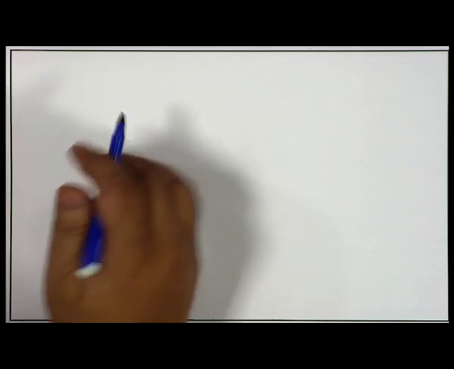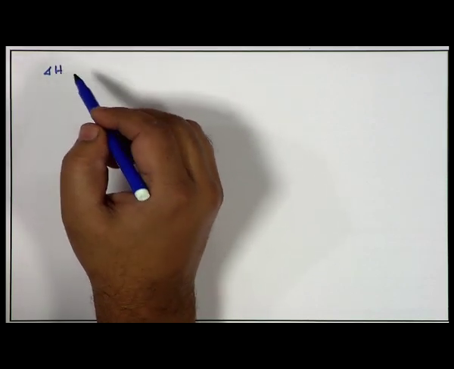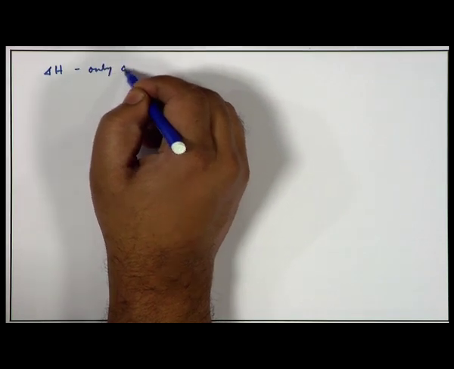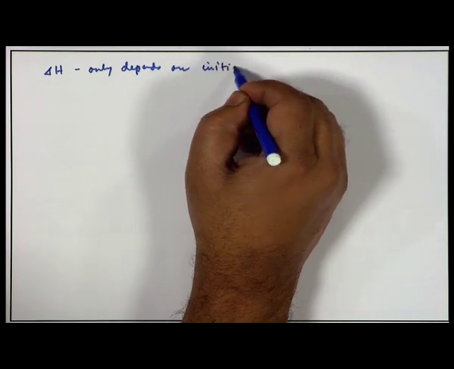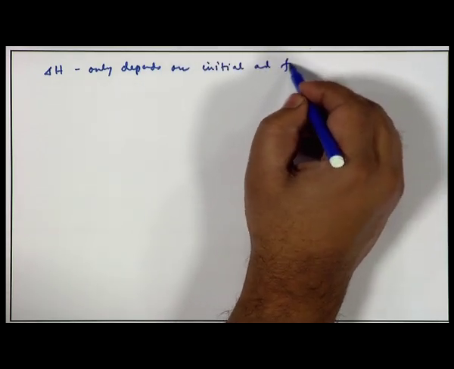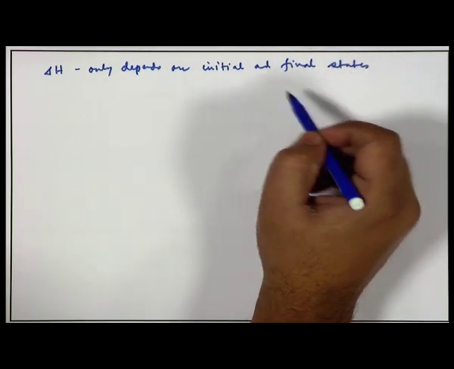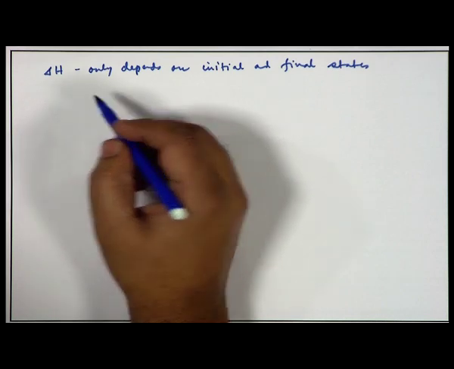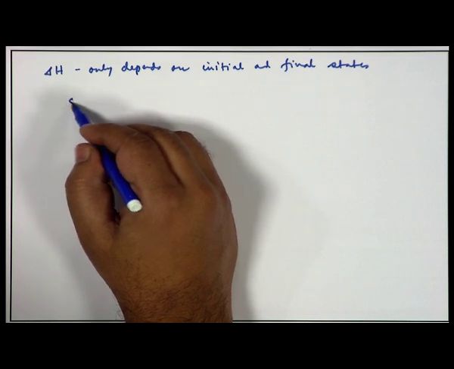Now, we have talked earlier also that delta H is a state function. So, it only depends on initial and final states. So, as I showed earlier also, we can break any reaction into many number of steps we can possibly think of.